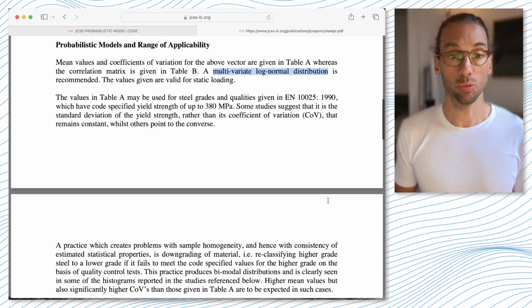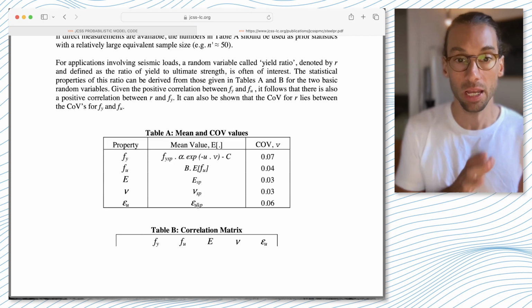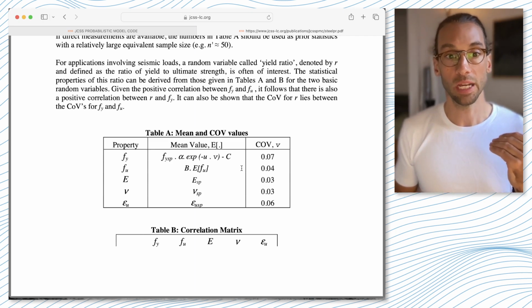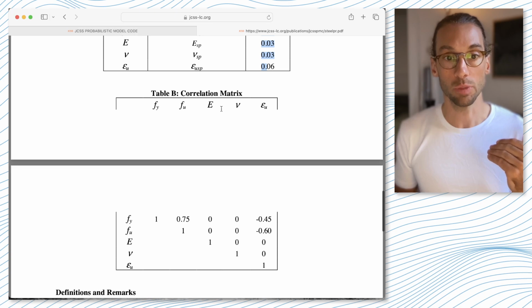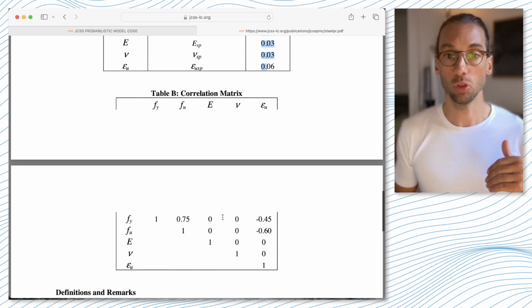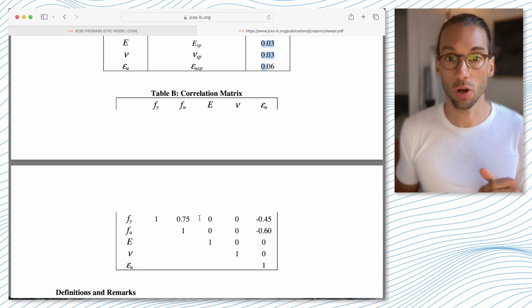And what parameters should we use? They recommend that for the expected value, we use the nominal values specified in codes or in drawings. For the standard deviation, we obtain it from the coefficient of variation, assuming these values. And they provide a correlation matrix between those 5 parameters to be used. If you have different knowledge, you can use a different one, but this can serve as a starting point.